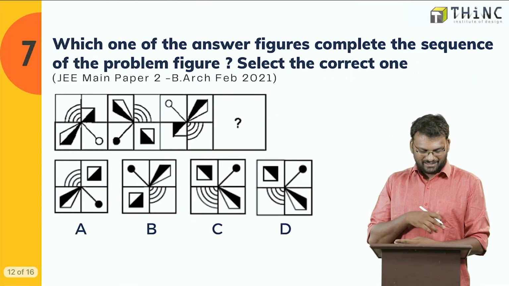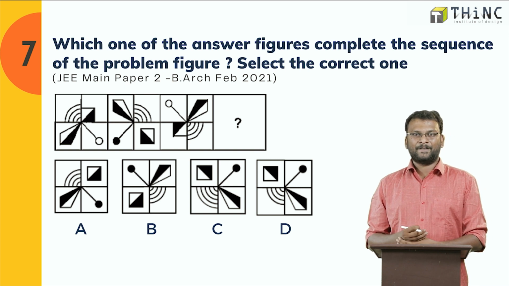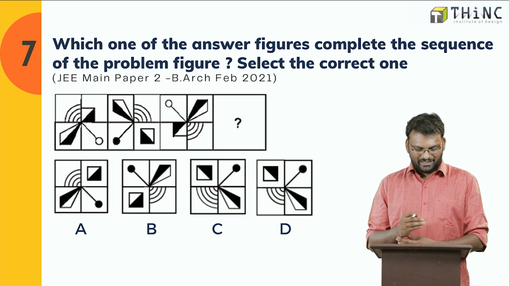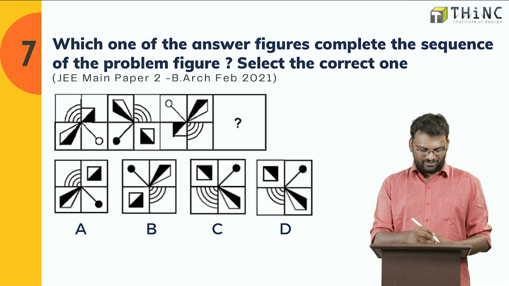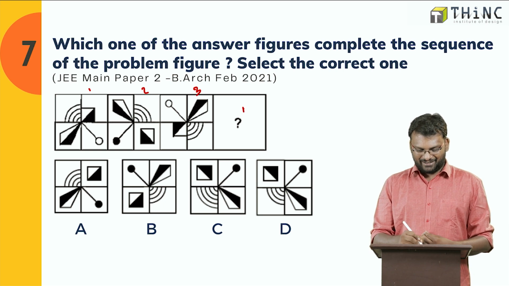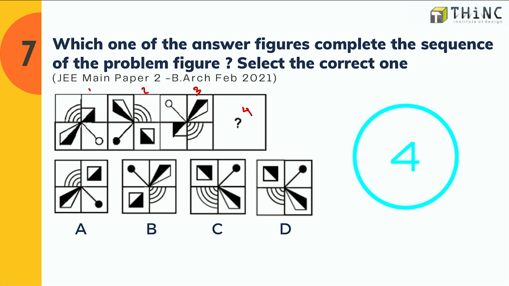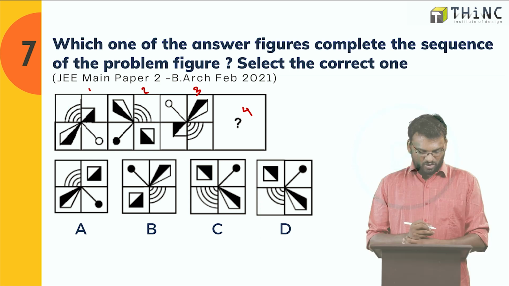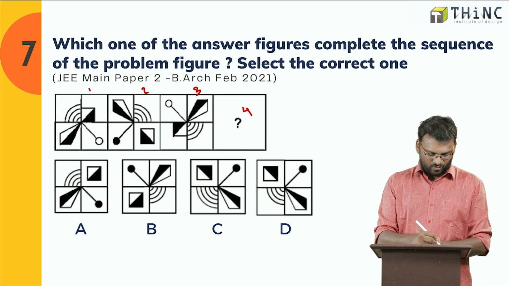Question number 7 is about figure series. You need to predict the next image. Three figures are given, 1, 2 and 3, and we need to predict the 4th one. We can start from these sectors: 1, 2, 3, 4.